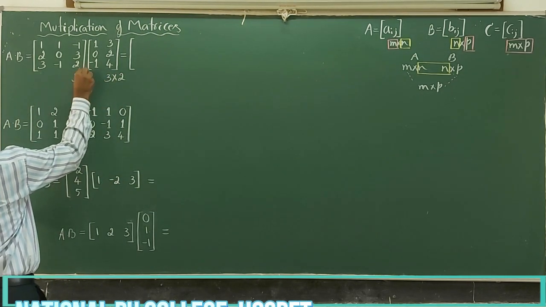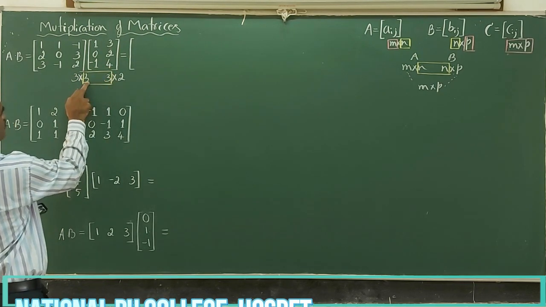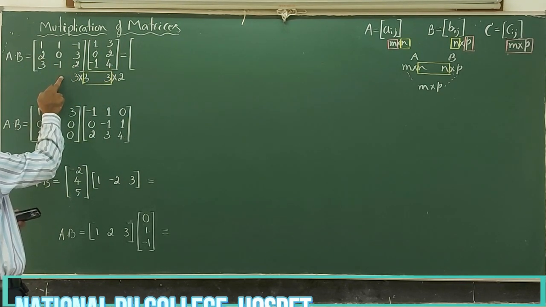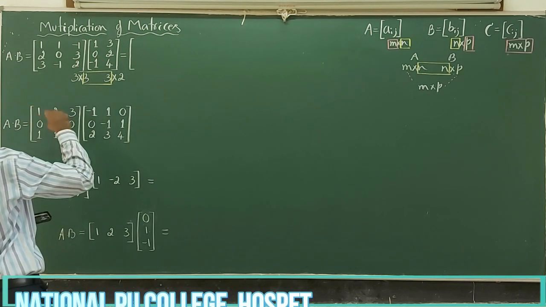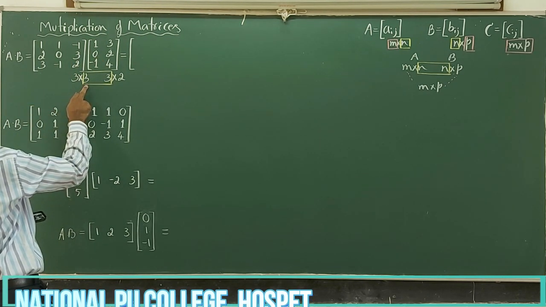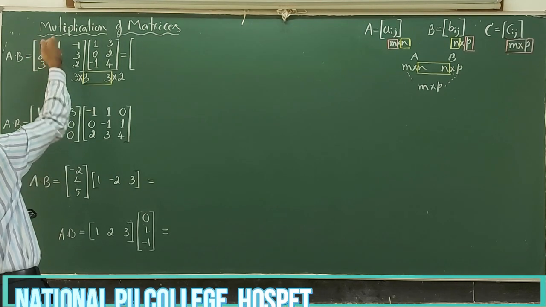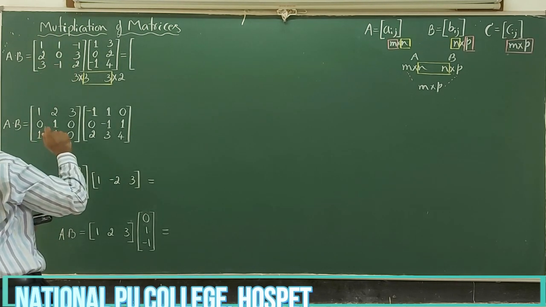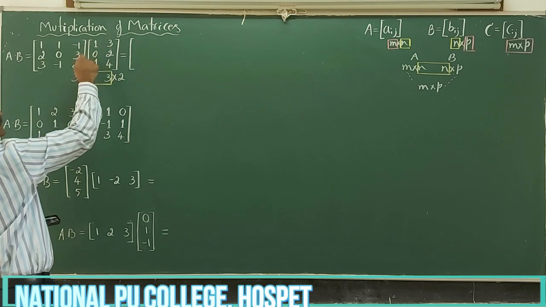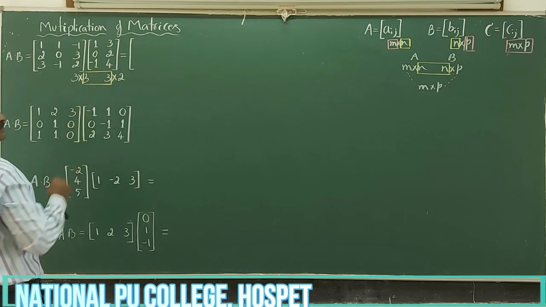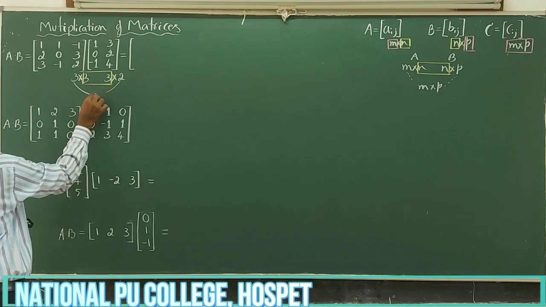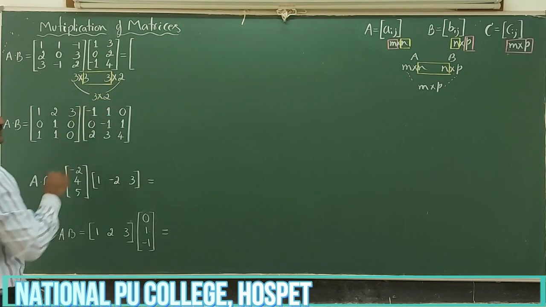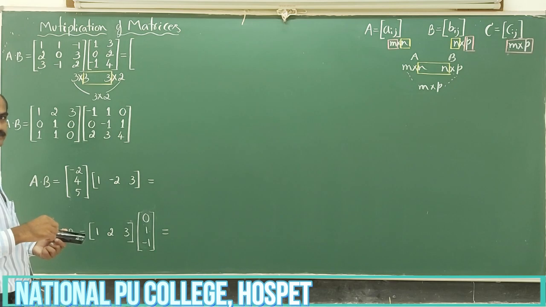You observe here the number of columns of first matrix 3, number of rows of second matrix 3, they are equal. Multiplication is defined. What is the order of resulting matrix? You are going to get 3 by 2.